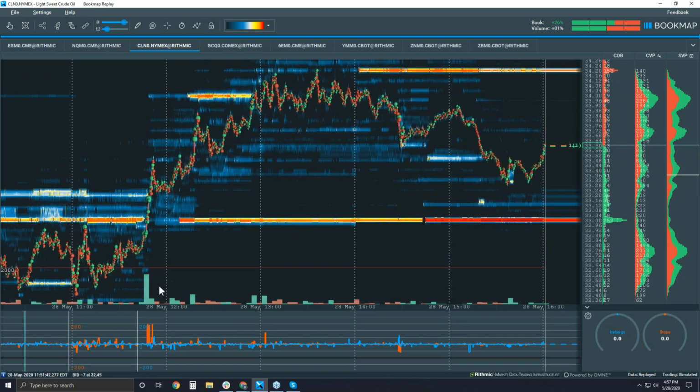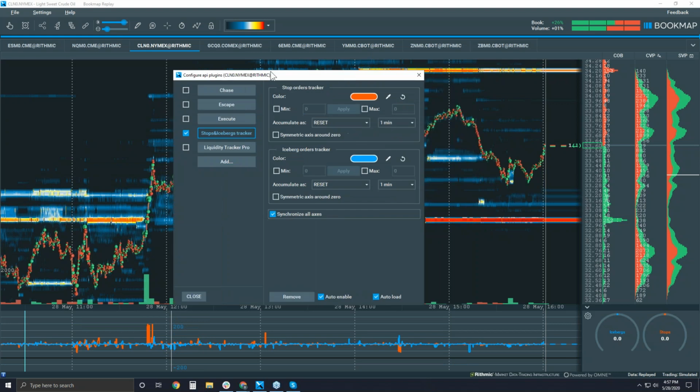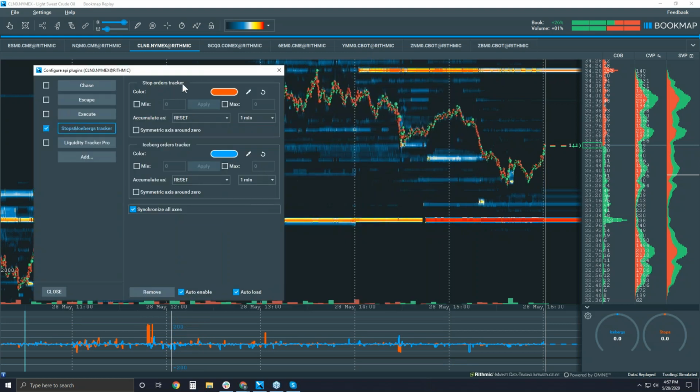Oh yeah, this was nice here. Okay, so now again, I'm using a different reset, and let me show you the settings here actually for this. Okay, so the stop order tracker here. The color, the reset. I have it on reset as 1 right now. That's the accumulation mode. And I can sync, or synchronize, all the axes together here. So we're looking at the same number of stops as icebergs here.